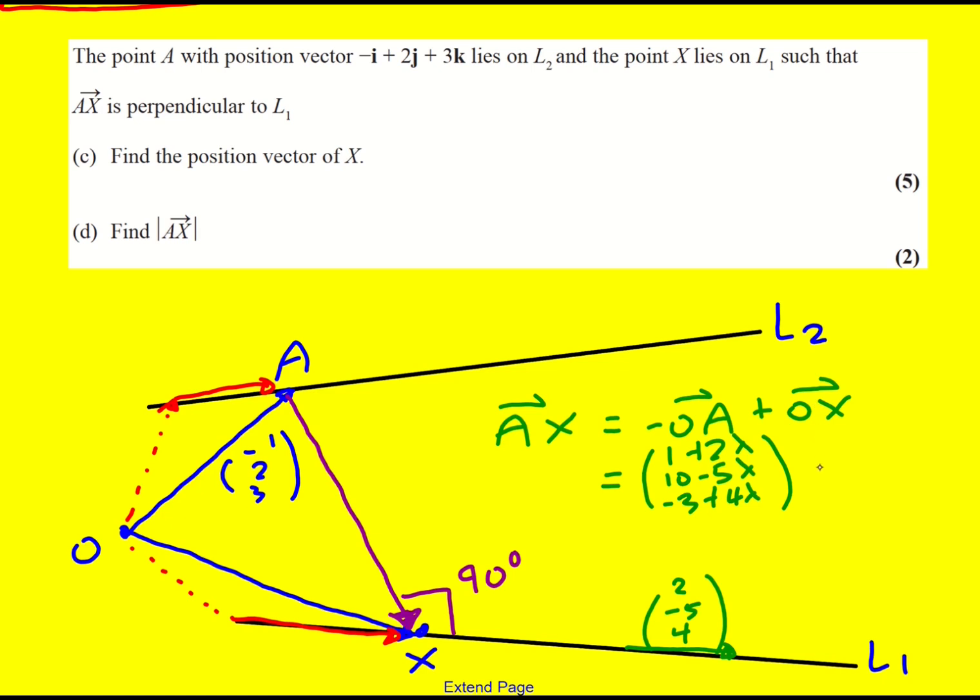Actually, that's the OX part, and then I'm minusing OA, which, as I pointed out here, is minus 1, 2, 3. That's what we're given there. So that is going to equal 2 plus 2 lambda, then 8 minus 5 lambda, and minus 6 plus 4 lambda.